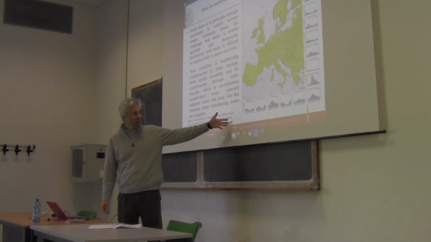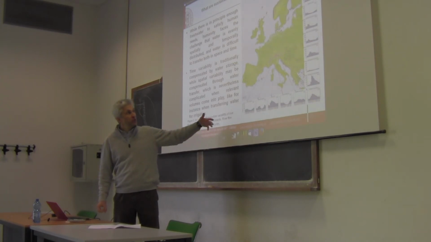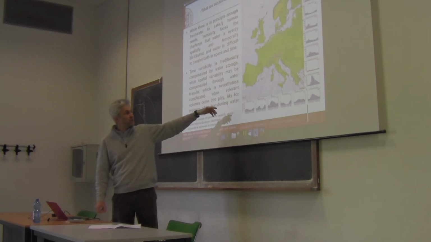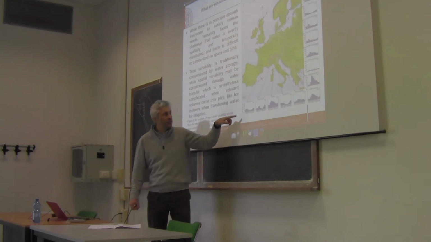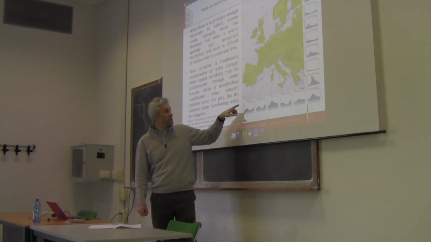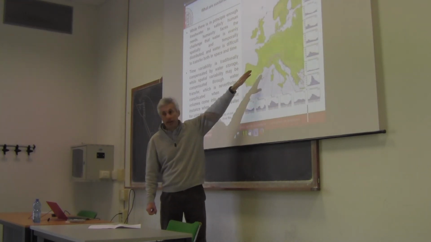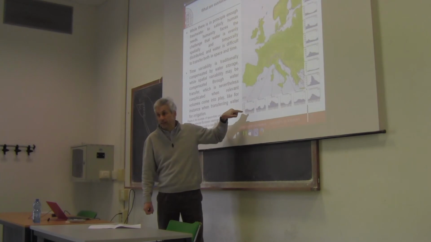So here you can see seasonality. These are pictures related to average monthly flow for selected European rivers. Here there are the names, I'm not reading the names. You can see the drop that connects this graph to the related country.